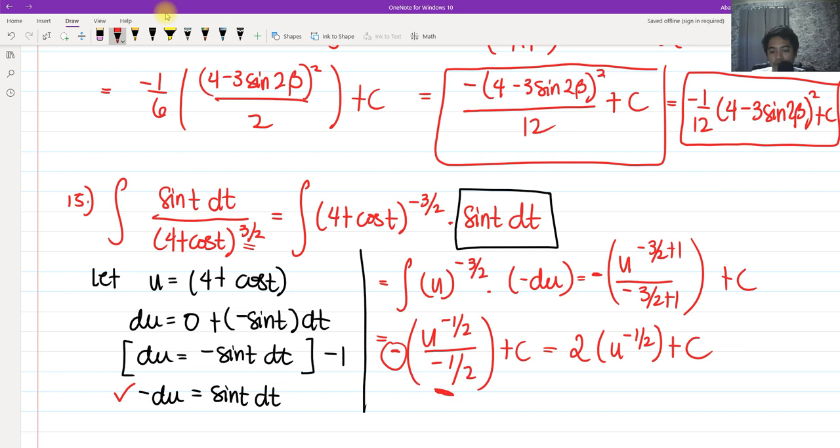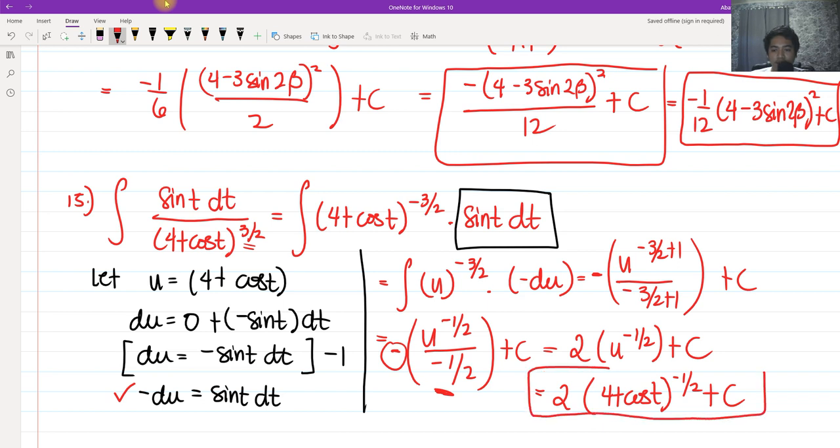So what are we going to do here? Next is just to simplify our answer. So what is u? It is equal to 4 plus cosine of t raised to negative 1 half plus c. You can write it as it is, but it's good that we have a positive exponent.